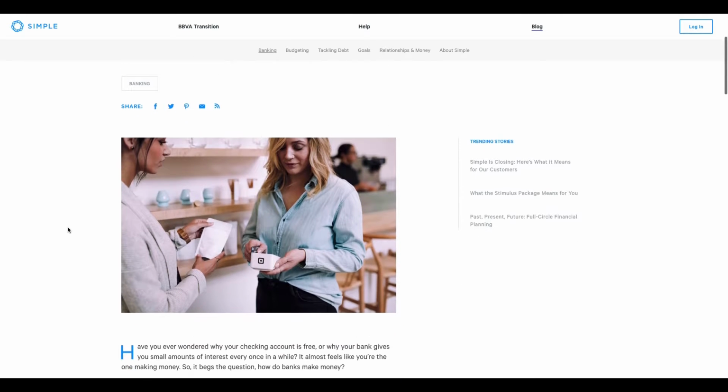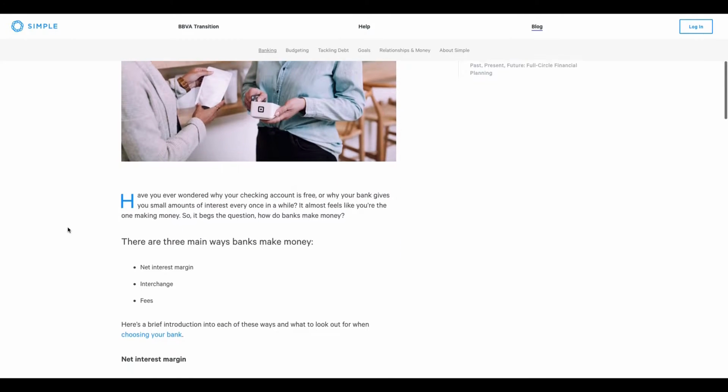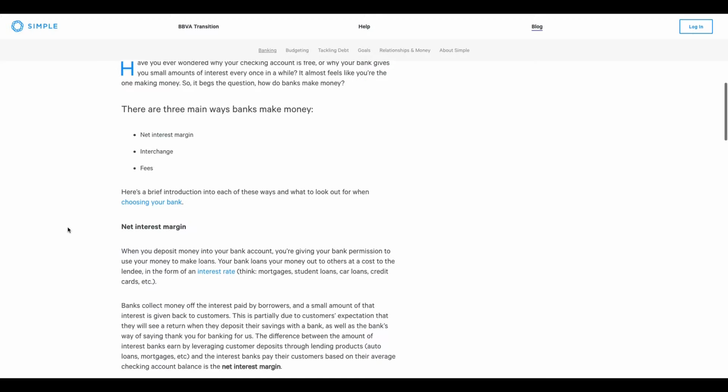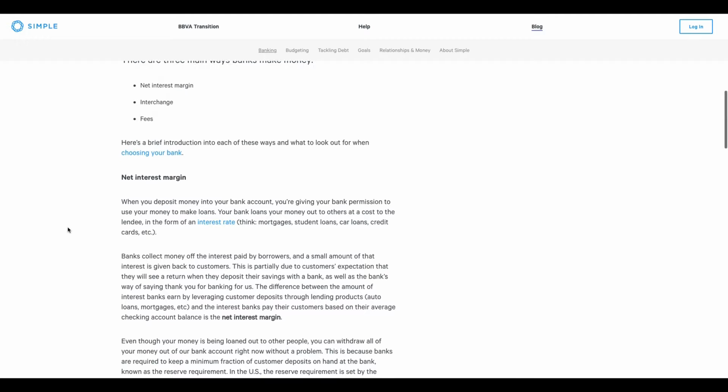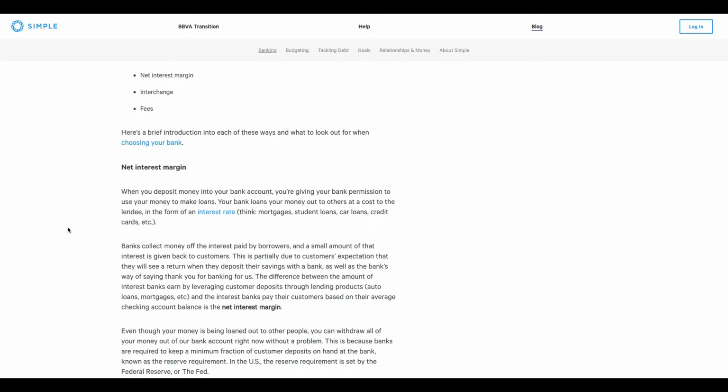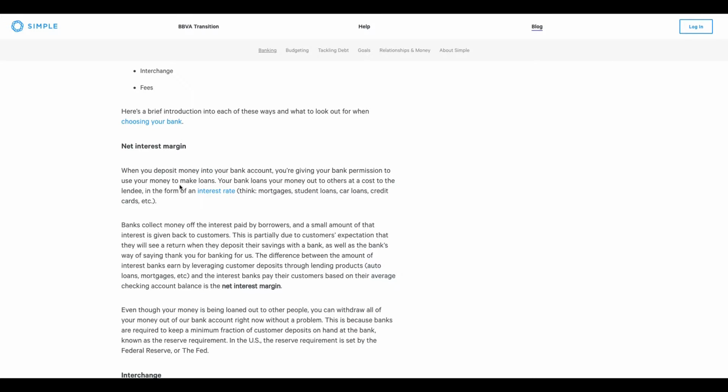One of the first ways that they do this is through interest. Like it says here, you deposit your money in a bank account, and through that you give the bank that you use, Chase, PNC, TCF, permission to use your money for loans.